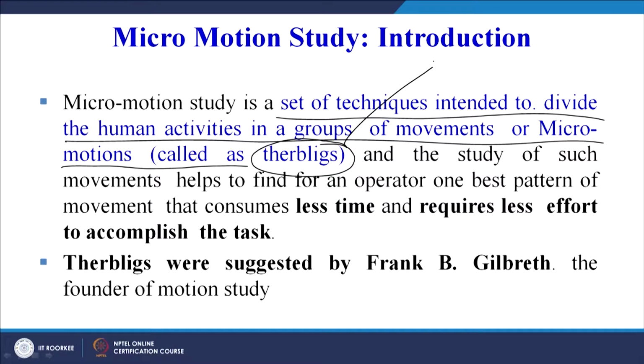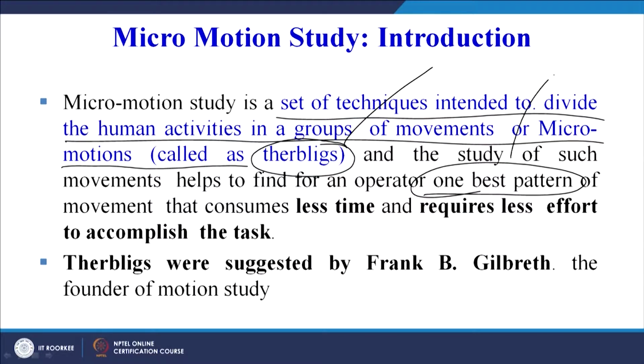And the study of such movements, these micro motions or Therbligs, helps to find for an operator one best pattern. Again and again we are reiterating, this is our target which we want to hit. One best pattern of movement that consumes less time and requires less effort to accomplish the task.